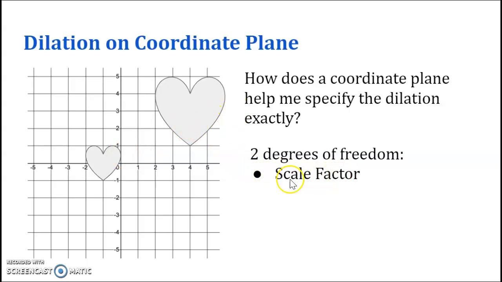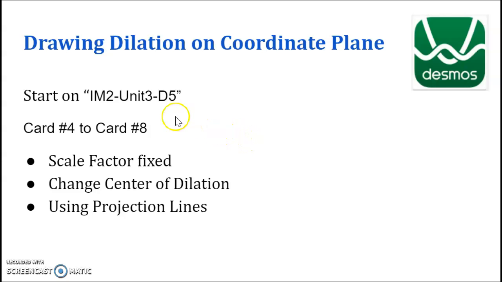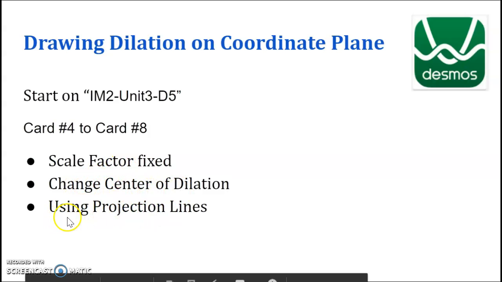The first is the scale factor, and the second is the center of dilation. Now you're going to go on to cards 4 to 8, where the scale factor is fixed, you're going to change the center of dilation, and you're going to be using the projection lines.